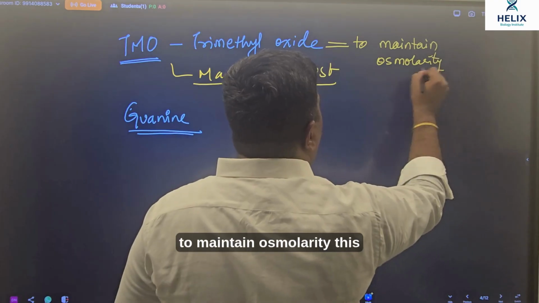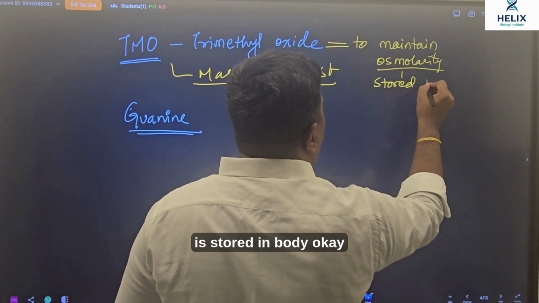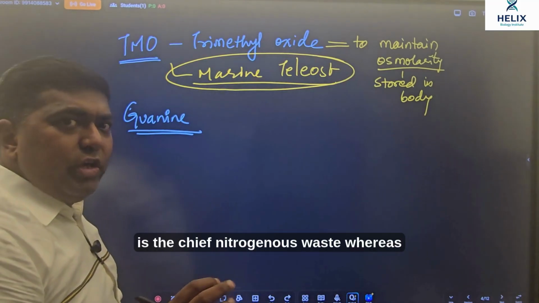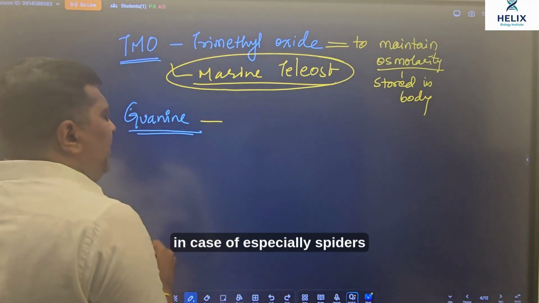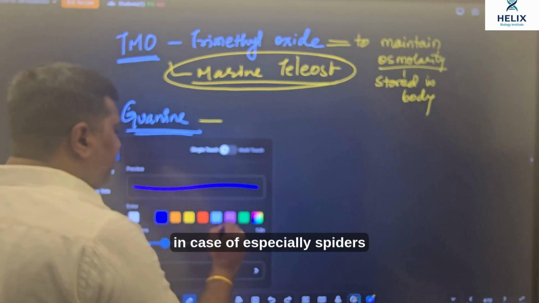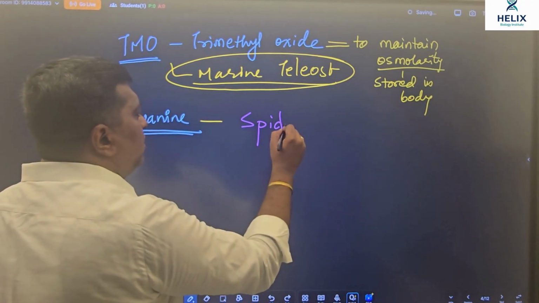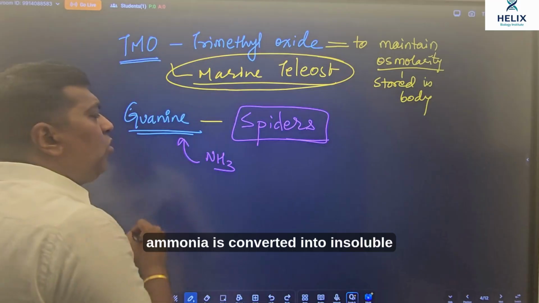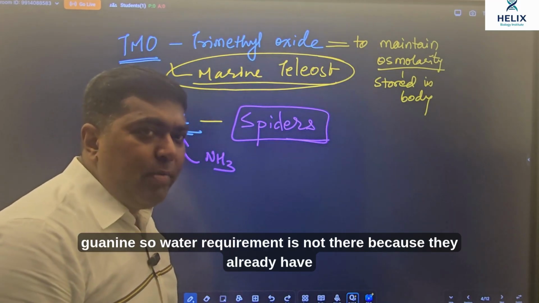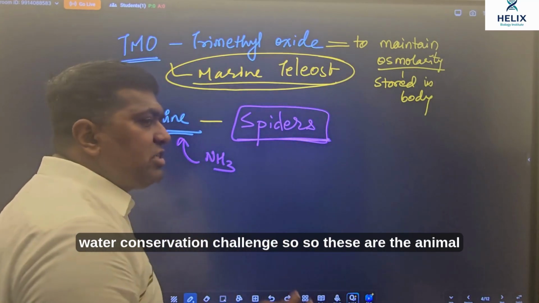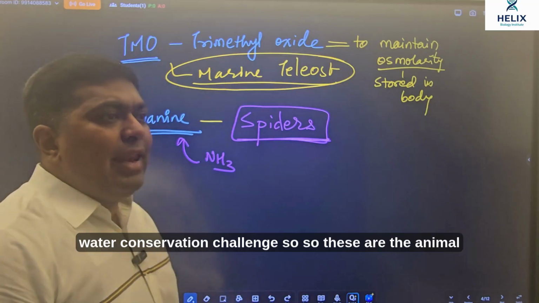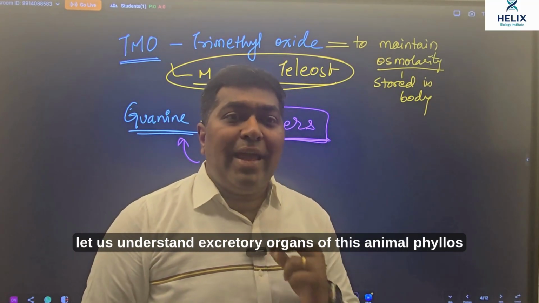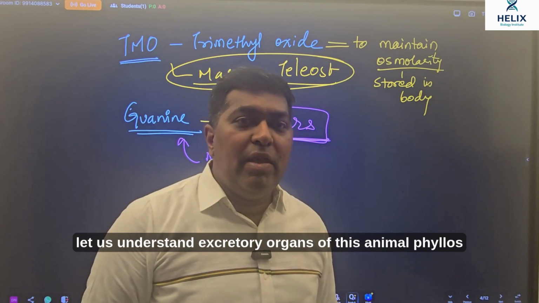So in case of marine teleost, TMO is the chief nitrogenous waste, whereas in case of especially spiders, ammonia is converted into insoluble guanine, तो water की requirement नहीं होती because उनके पास already water conservation का challenge होता है. So these are the animals based on their excretory products. Now let us understand excretory organs of these animal phyla.